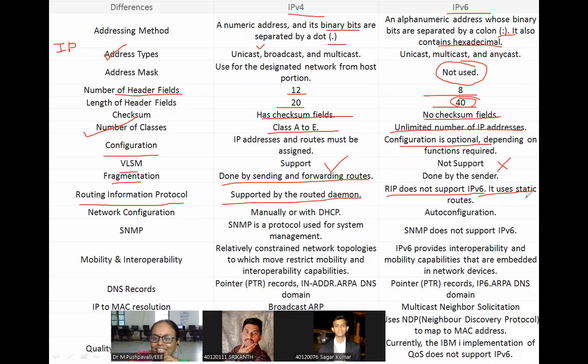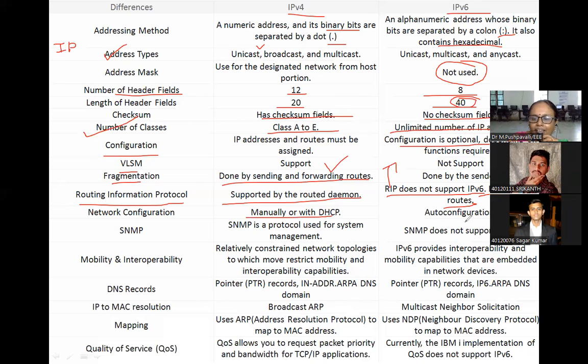It uses static routes only. I think on that day you asked about that routing protocol that is not supported in IPv6. It has static routes only. Then you all know it is manual in IPv4 and auto configuration in IPv6, because network configuration we are able to do since we are doing the subnetting.